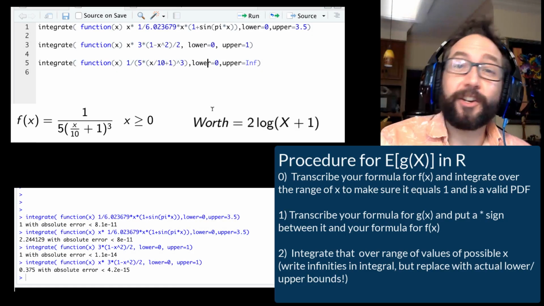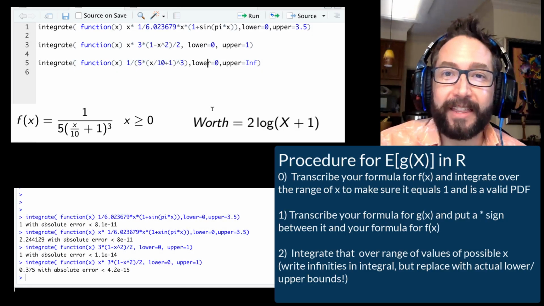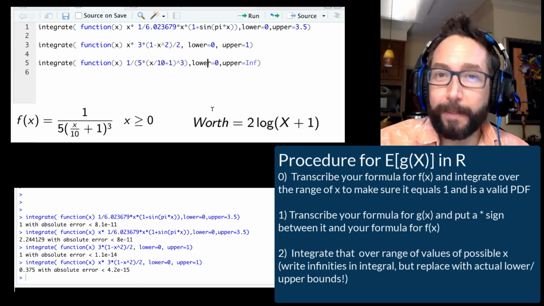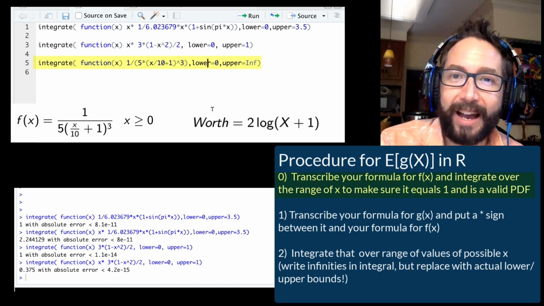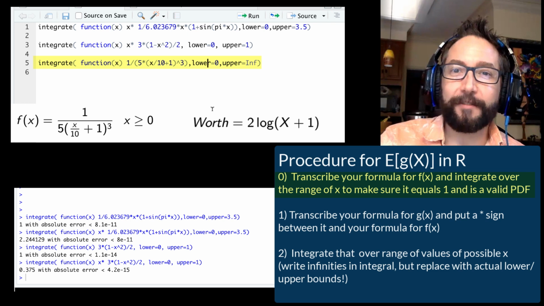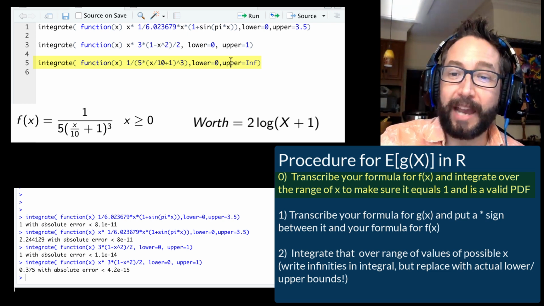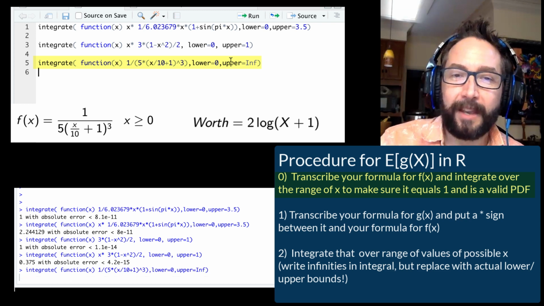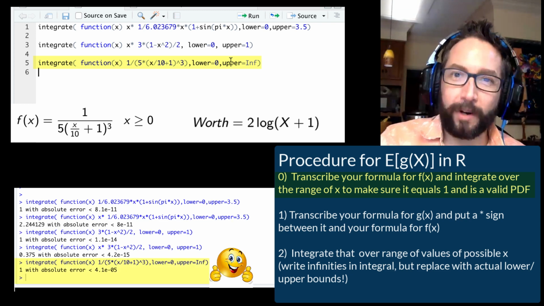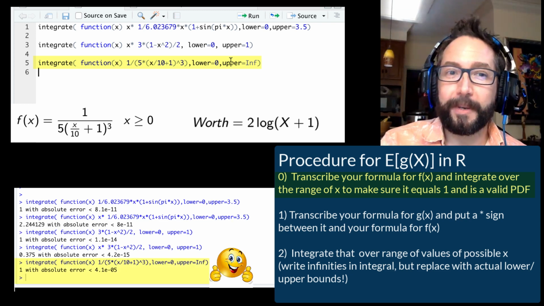So how would I do this in R? Well, first I want to verify that I didn't make any typos with my formula for the PDF, so I'd integrate my function for the PDF over the range of possible values. So in this case, from 0 up to capital INF, infinity, and I verify that it integrates to 1. It's a valid formula for a PDF.